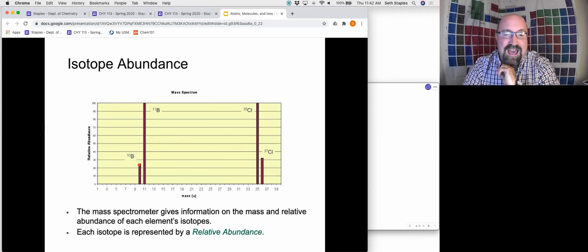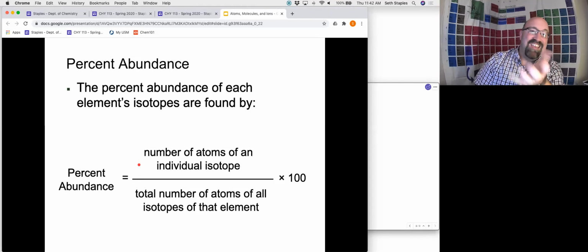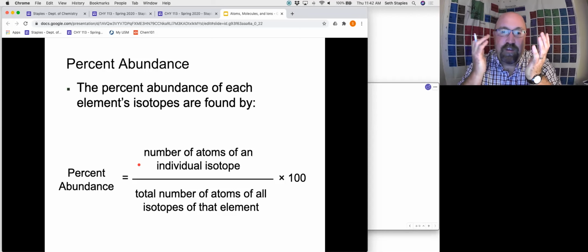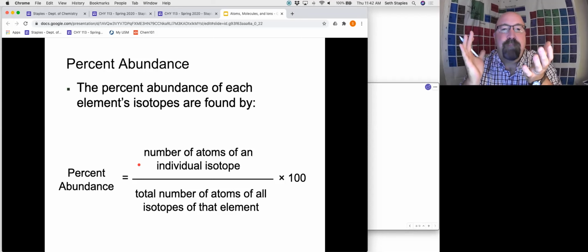And so let's look at how we're going to use some of that information. First of all, the way that we calculate a percent abundance is, if we have a sample of a certain element, we take the number of atoms of an individual isotope.